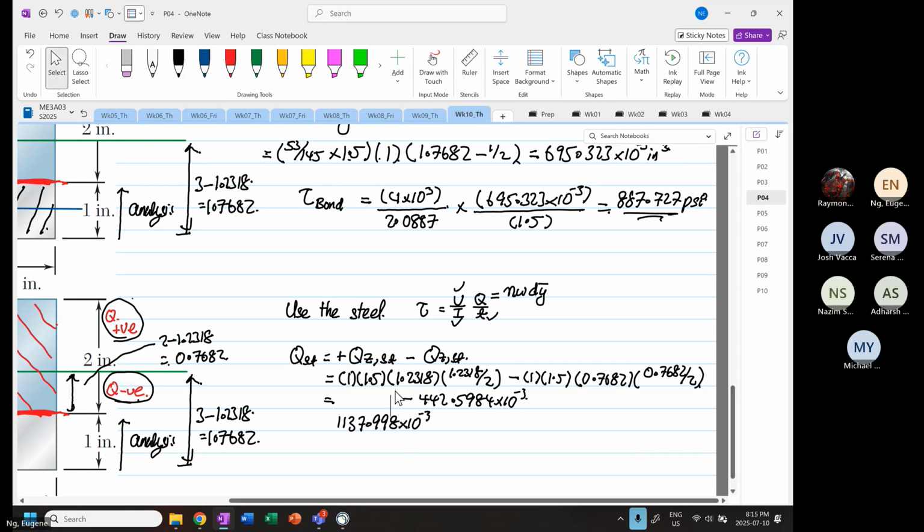Okay. So as I said, the Q for the aluminum and the steel has to be the same. And I don't know that yet.